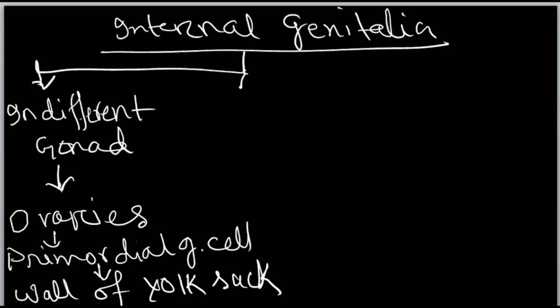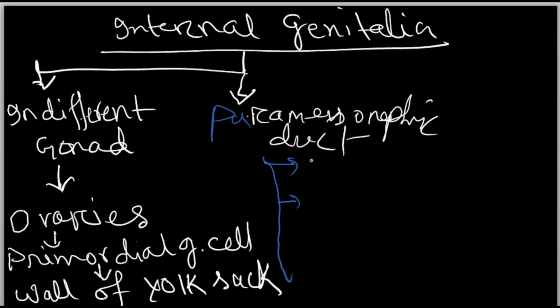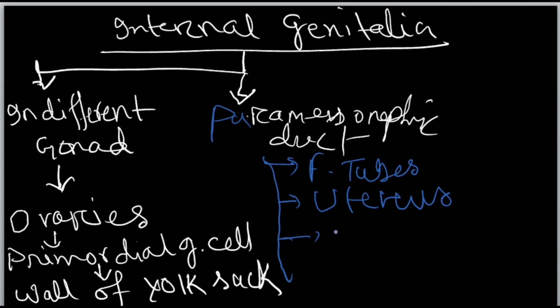Next one is the paramesonephric duct. This gives rise to different structures, that is fallopian tubes on both sides, uterus, and upper two-thirds of vagina.